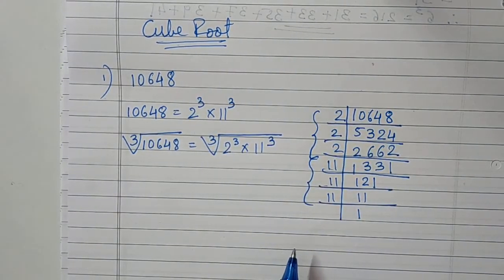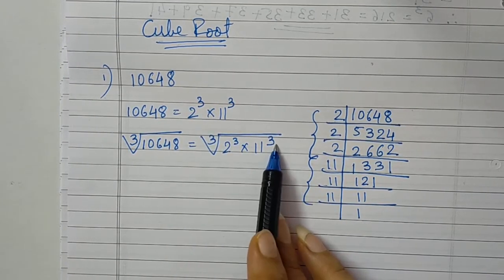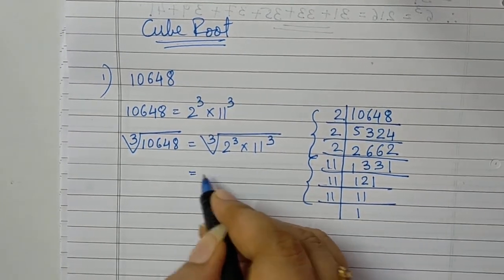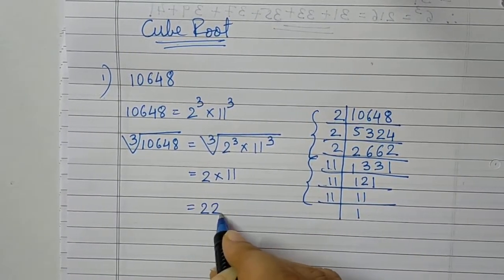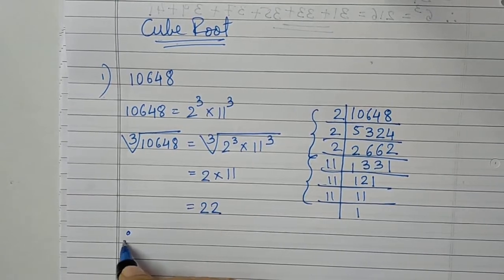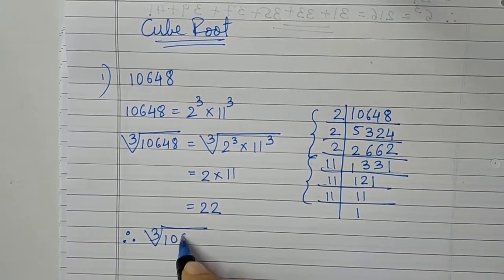Now from the right hand side we can remove the cube root sign as well as the cubes over here. So here we get 2 into 11, which is 22. So cube root of 10,648 is 22.